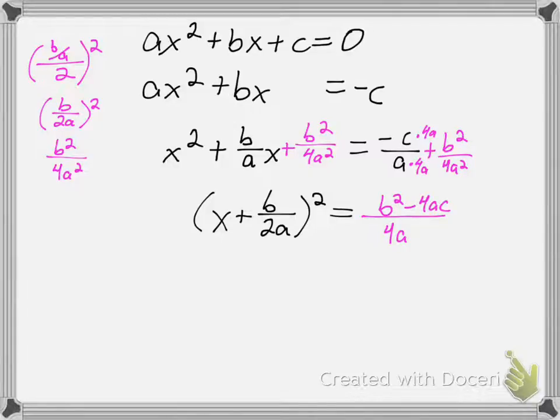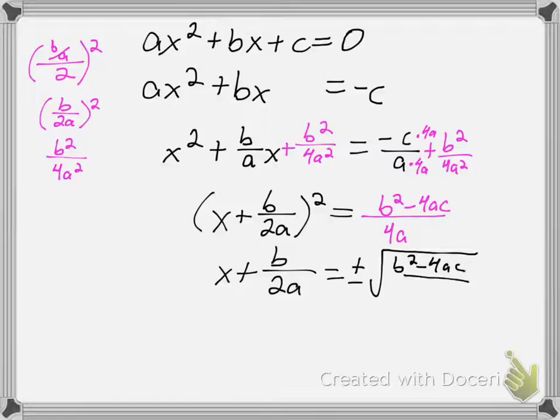We'll see. Let's take the plus or minus root on both sides. So x plus b over 2a equals the plus or minus root of everything over here. On the numerator, I'm not going to be able to do anything to that. I can take the square root of the denominator and write it as plus or minus, and I'll have the numerator be the square root of b squared minus 4ac still.